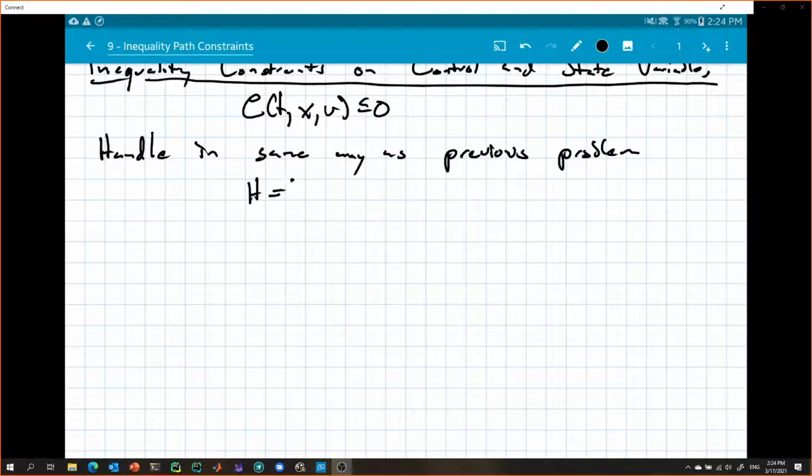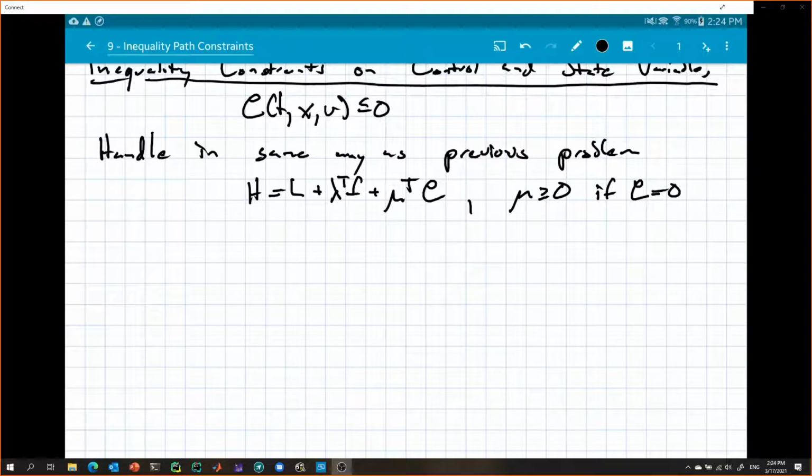So we have our Hamiltonian with the addition of Lagrange multipliers times this constraint, and then like before, mu is greater than or equal to 0 if c is equal to 0.